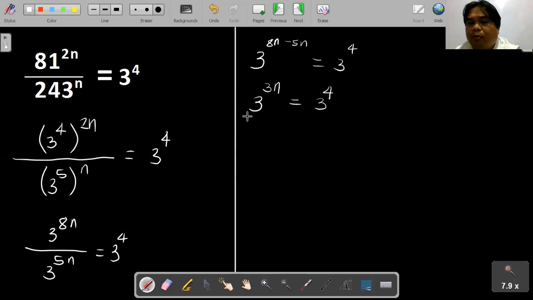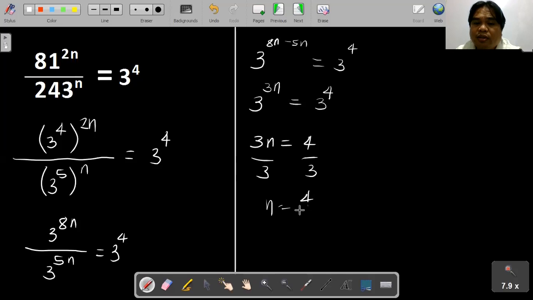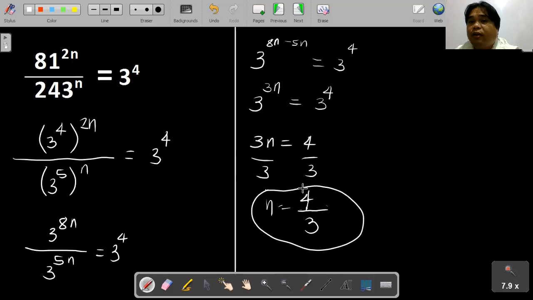By the properties of exponential equations, same base now, so you can just equate the exponents. You will now have 3n equal to 4. Solve for n, divide each side by 3. So your answer is n equal to 4/3. That's the value of our n.